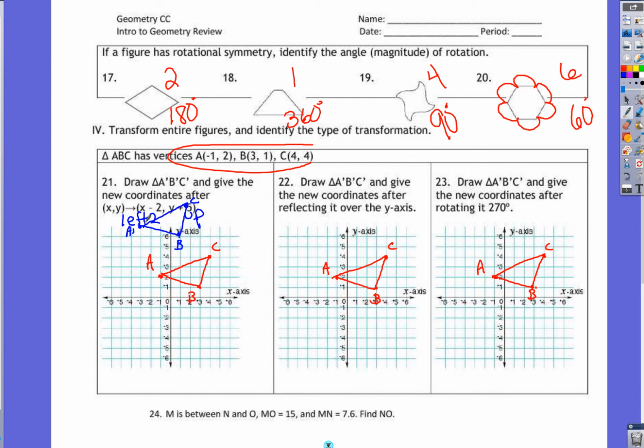And it wants us to give the new coordinates. So what is my A prime going to be? We see how A prime becomes negative 3 comma 7?